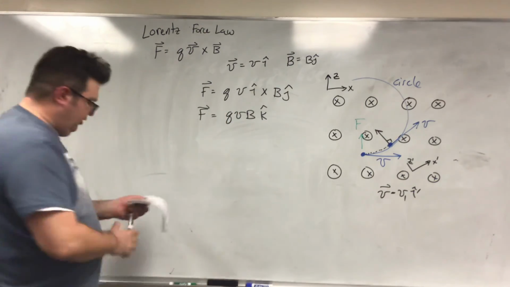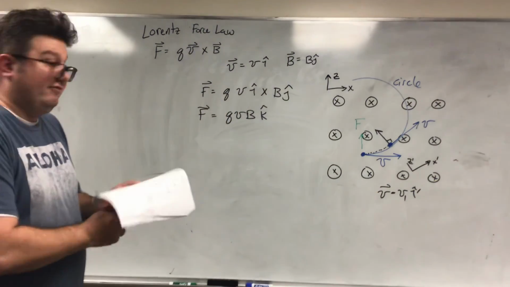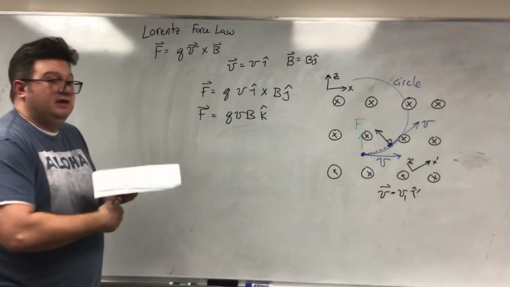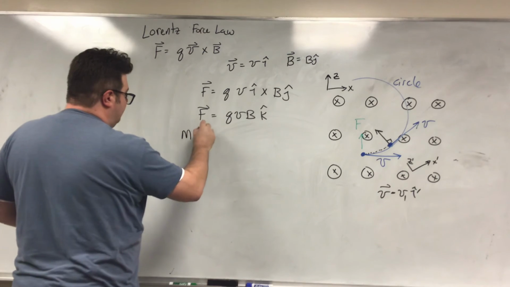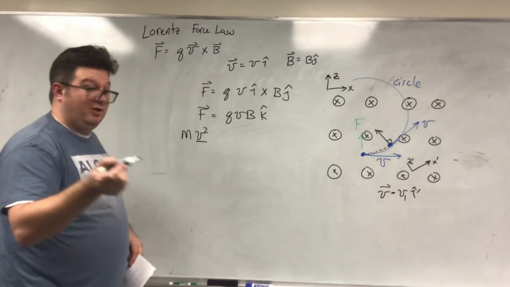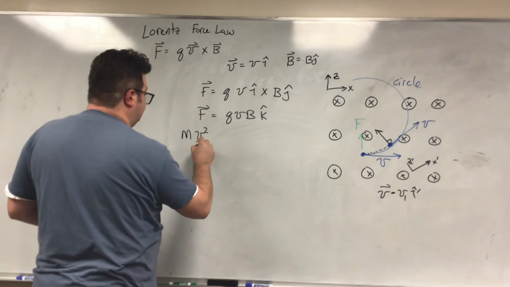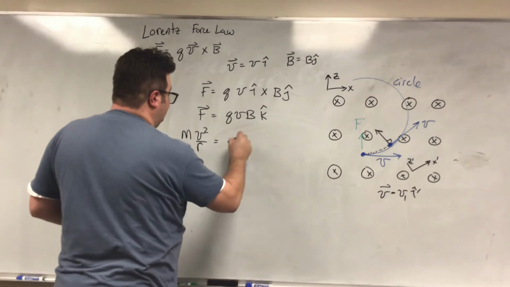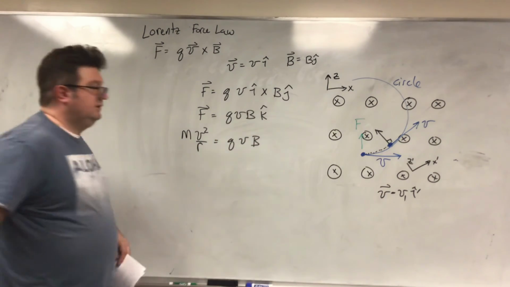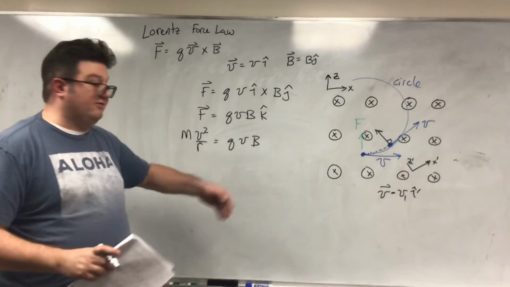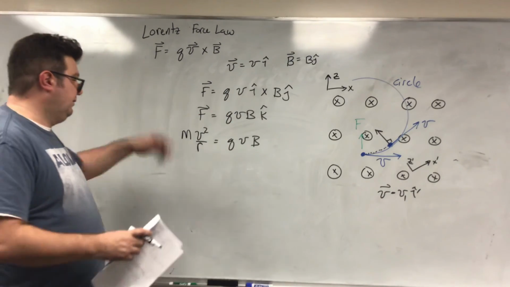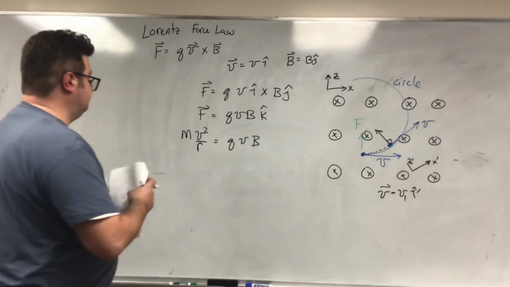Because if I have circular motion, I have a constraint on my acceleration: it should be V squared over R, equals QVB. I dropped the K hat because the force has to always be perpendicular, so we're just looking at the magnitudes.